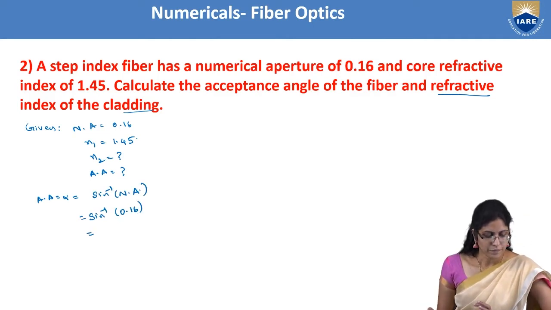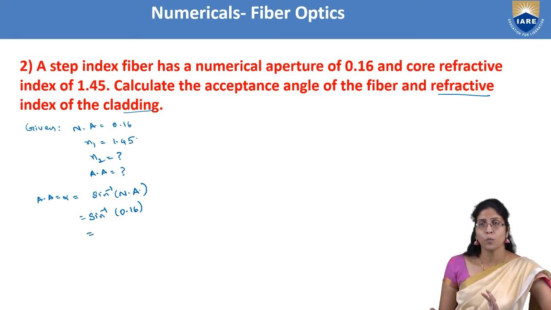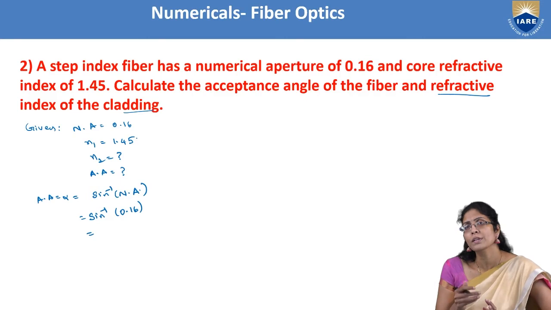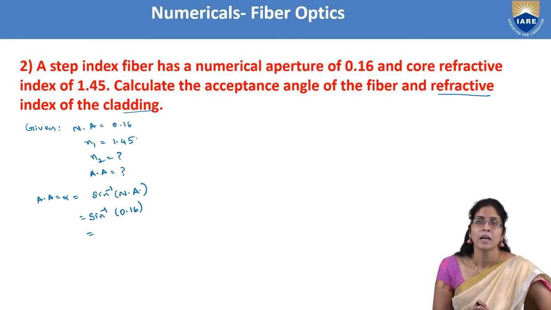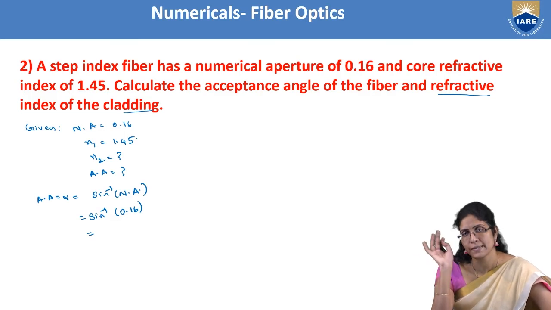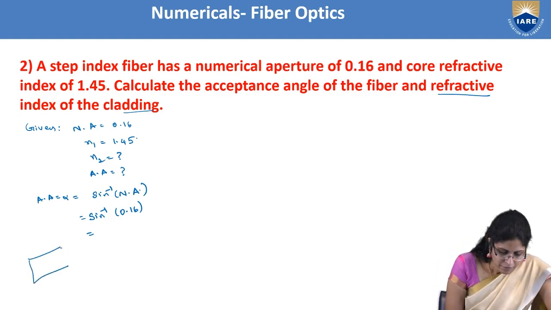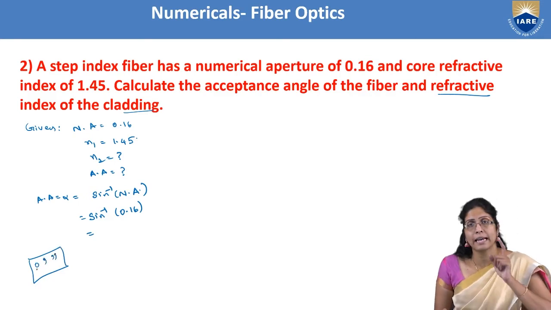Here there is a small twist. Sine inverse of 0.16, if you have to do it in your scientific calculator, what do you do? You take sine inverse and you give 0.16. You get some answer in the display. Let that answer be there and press the button which is given as degrees, minutes and seconds on your calculator.